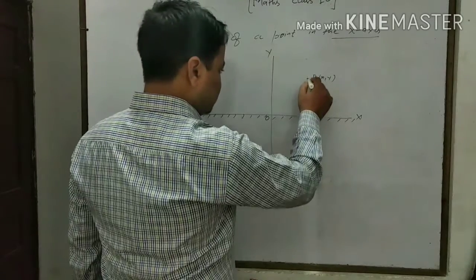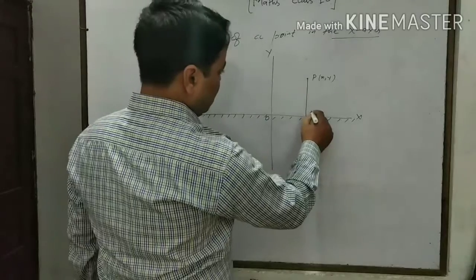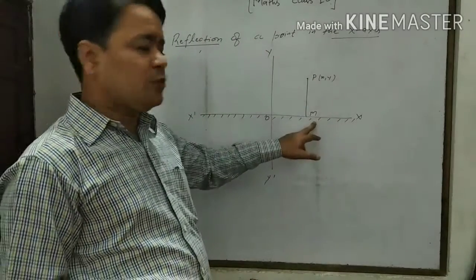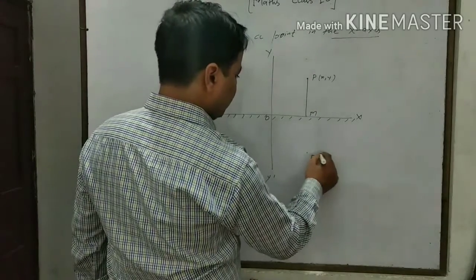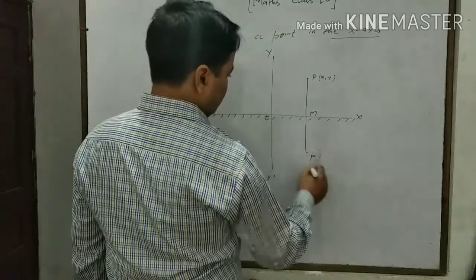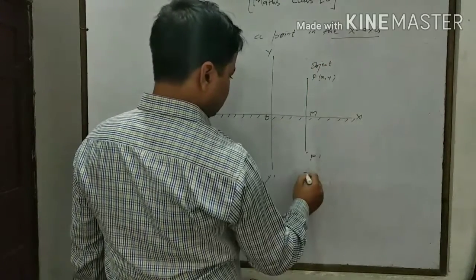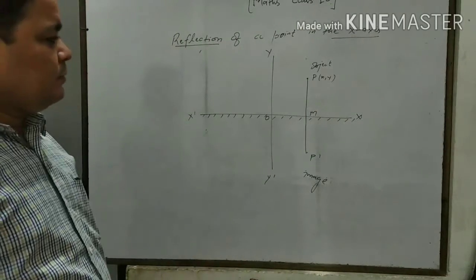Then this perpendicular distance of the object from the mirror XX dash, that is PM, is equal to P dash M. If this is the object, this is the image.